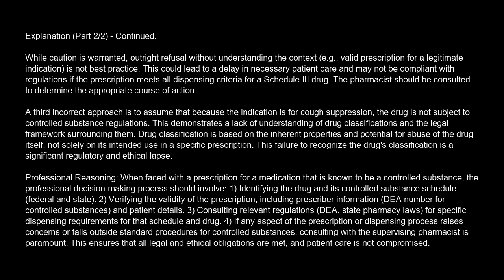Consulting relevant regulations, state pharmacy laws, for specific dispensing requirements for that schedule and drug. 4. If any aspect of the prescription or dispensing process raises concerns or falls outside standard procedures for controlled substances, consulting with the supervising pharmacist is paramount. This ensures that all legal and ethical obligations are met and patient care is not compromised.